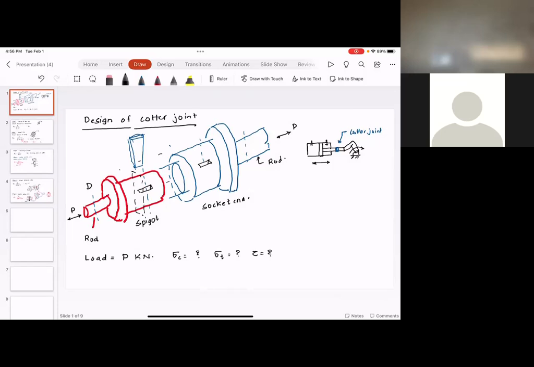Basically, this would be aligned to the collar. So, in other words, the cotter is wedged, fixed between the spigot and the socket. That's why when you pull, the cotter could crush the collar of the socket.